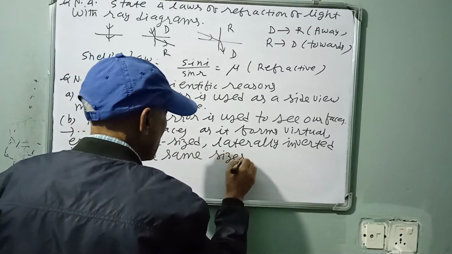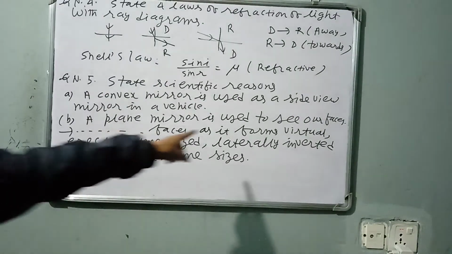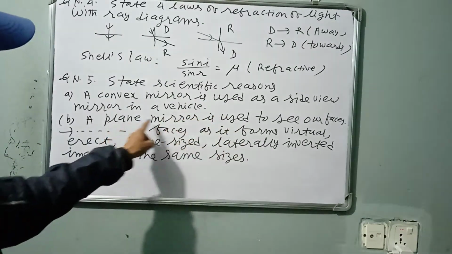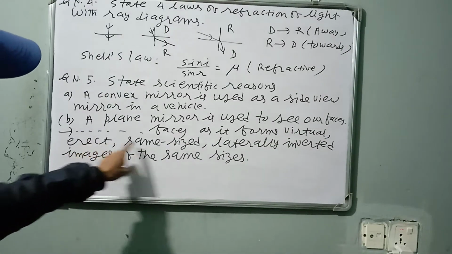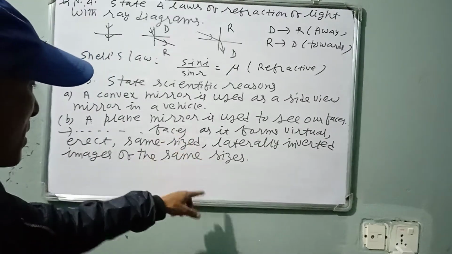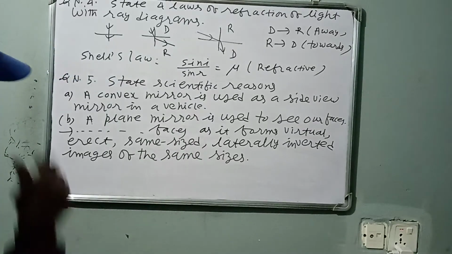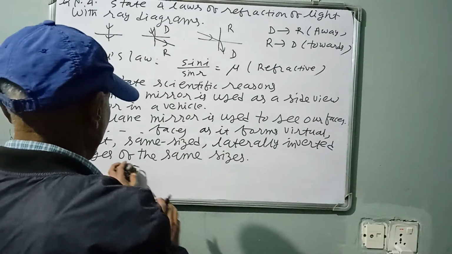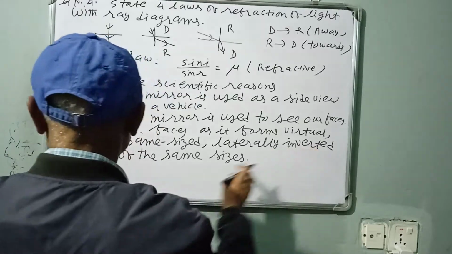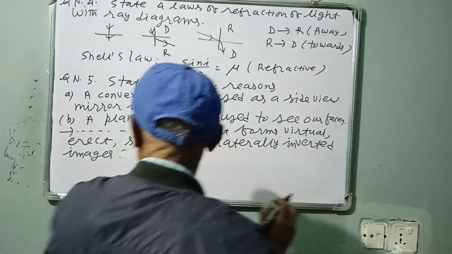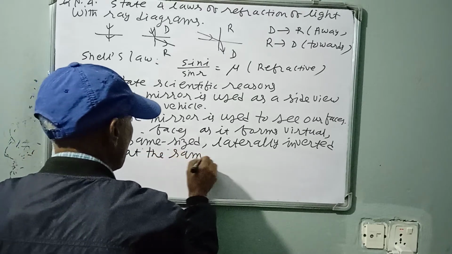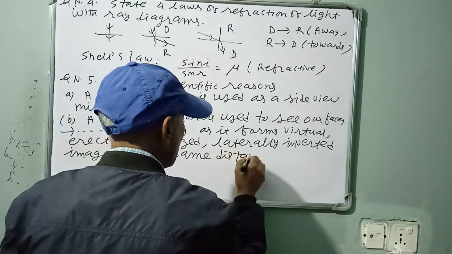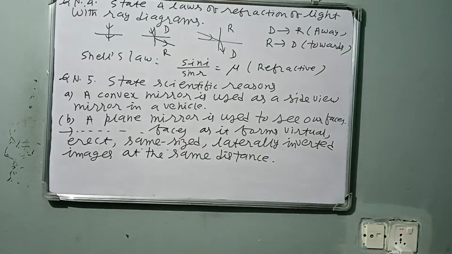That means the image formed by the plane mirror is virtual. Erect means straight or upright, same size as the object, laterally inverted image at the same distance. That means object distance is equal to the image distance.